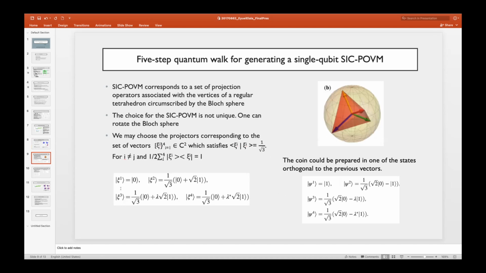So that was for ambiguous state discrimination, and they used a 5-step quantum walk for generating a single qubit SIC POVM. SIC POVM stands for symmetric informationally complete POVM, and it corresponds to a set of projection operators with the vertices of a regular tetrahedron.